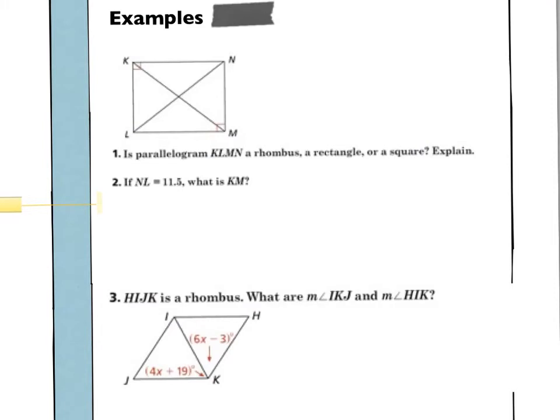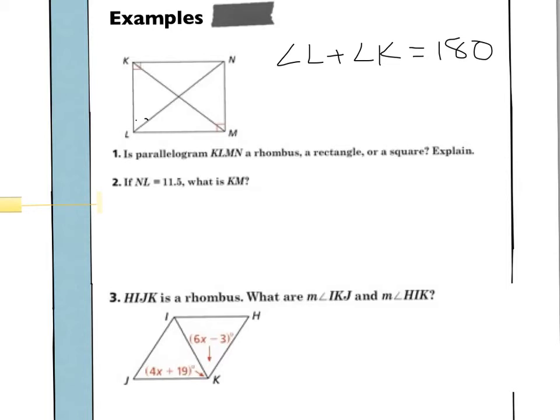So let's look at some examples. Example number 1. Is parallelogram KLMN a rhombus, a rectangle, or a square? Explain. We've got some right angles marked, and we know it's a parallelogram. So angle L plus angle K have to add up to 180 because consecutive angles of a parallelogram are supplementary.